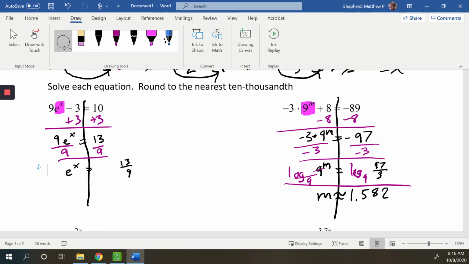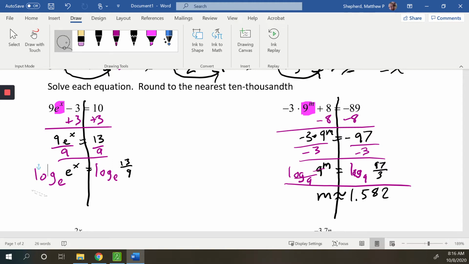Now, just like we did before, I now want to take the log of both sides. So what I would be doing is doing the log, and I want to match the base, so log of e. Now, something you should remember. Log of e actually has its very own name and its very own symbol. So I'm going to rewrite it using that.